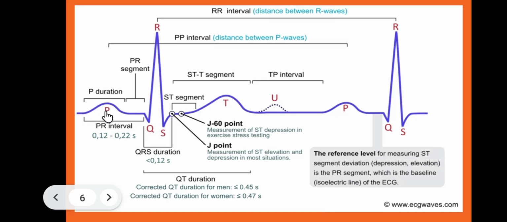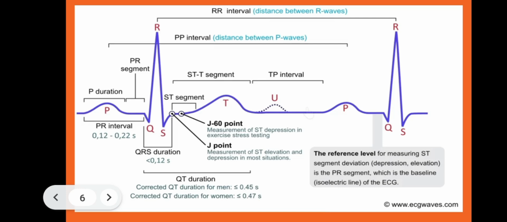Your P wave here is around 0.16 seconds. The T wave, this one, is around 0.16 seconds before the isoelectric area, which happens for your repolarization.